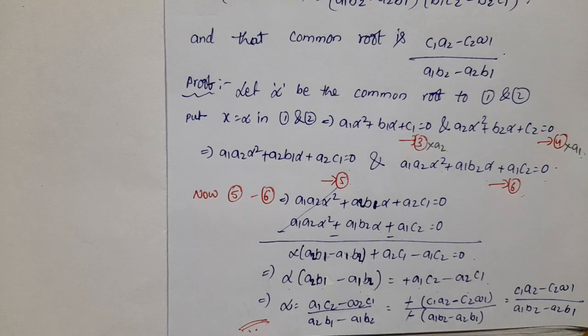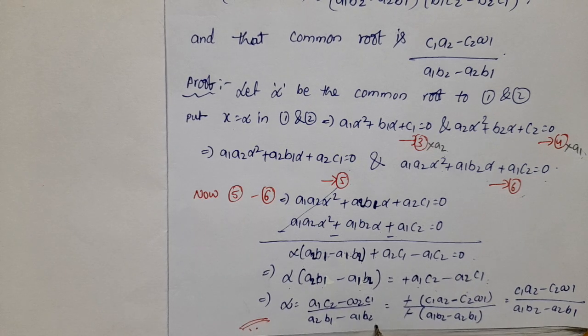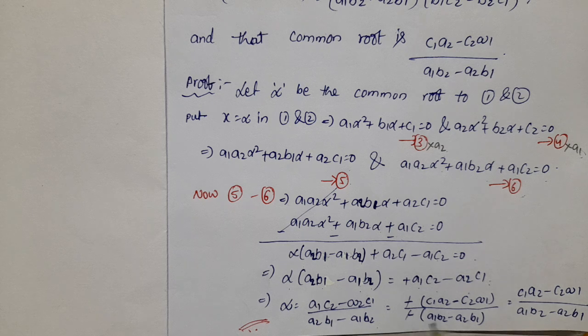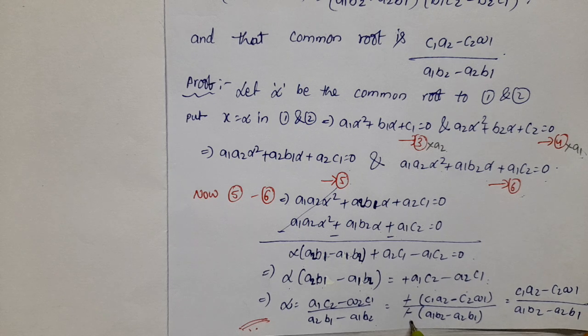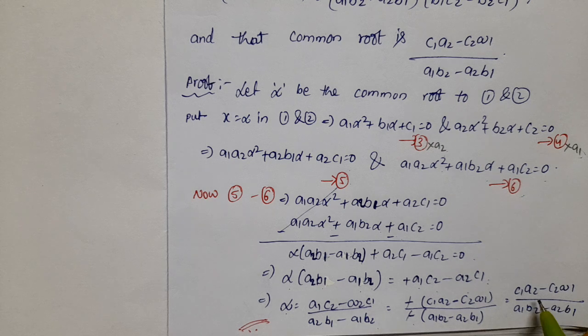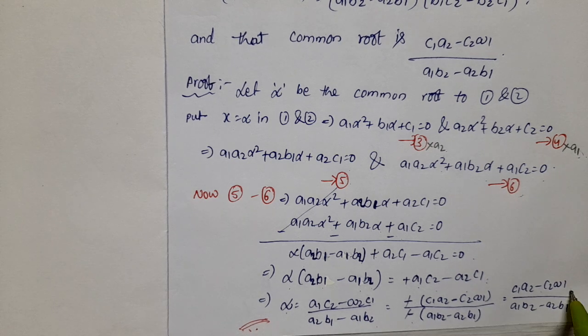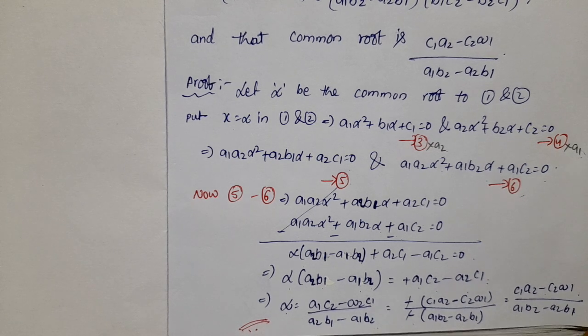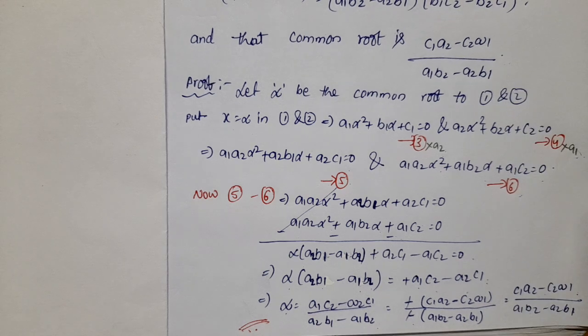Then alpha equal to a1 c2 minus a2 c1 by a2 b1 minus a1 b2. Take minus common in numerator and denominator. Then we get the common root alpha equal to c1 a2 minus c2 a1 by a1 b2 minus a2 b1.